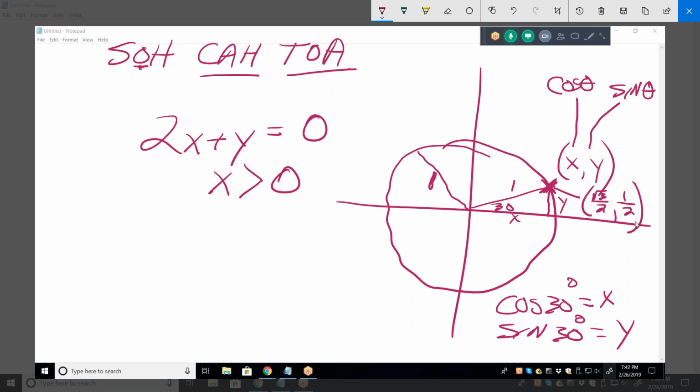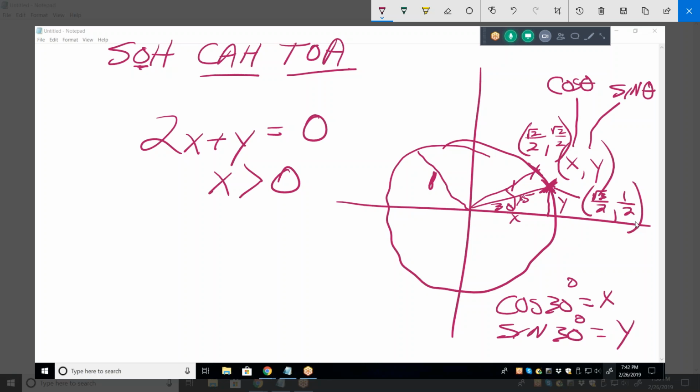Now, that's the unit circle. And I can make my angle whatever I want. If I go 45 degrees, then this point, cosine of 45 is root 2 over 2, rationalized. And the sine of 45 is root 2 over 2.